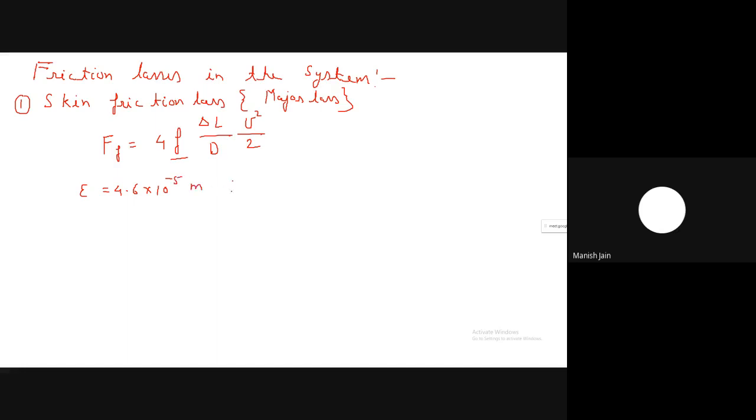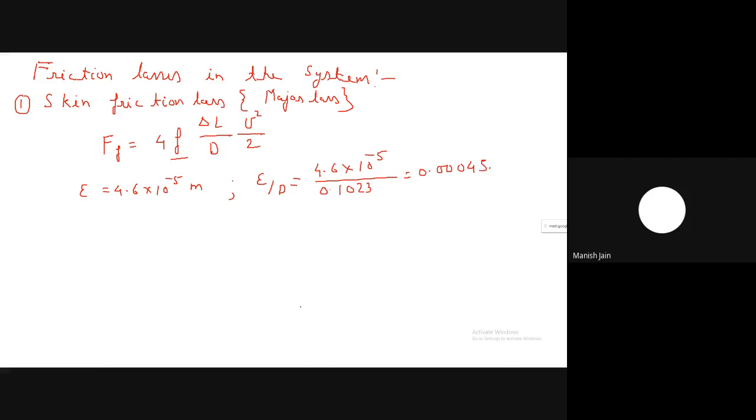Then you have to calculate psi by d. So psi by d equals 4.6 multiplied by 10 to the power minus 5 divided by d. The D value is 0.1023. So that is equal to 0.00046.